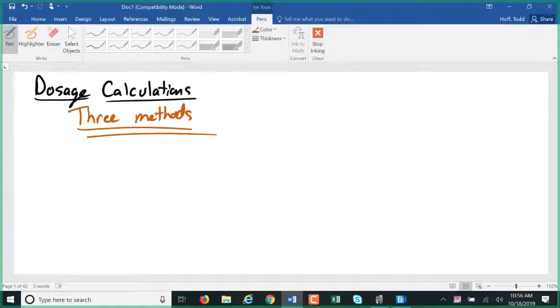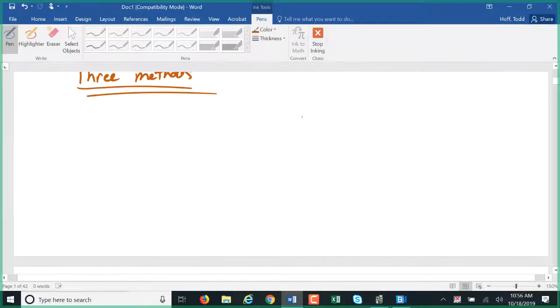Dosage calculation formula is the one I'm going to show you first, and then we'll work up to the one that I like best. I'll let you guys decide which one you like best as you're doing the homework. So the first method we're going to show you is the dosage calculation formula.